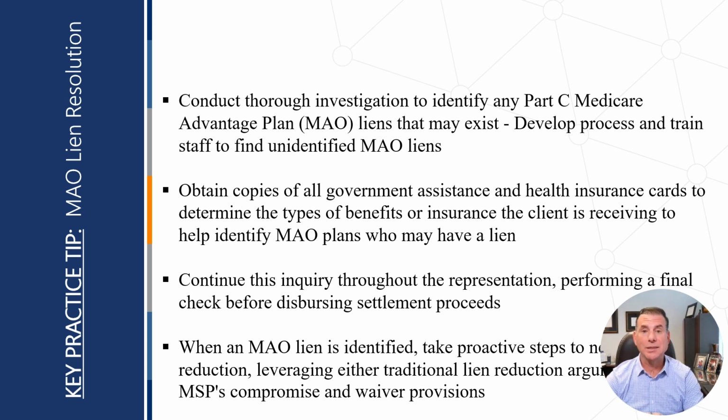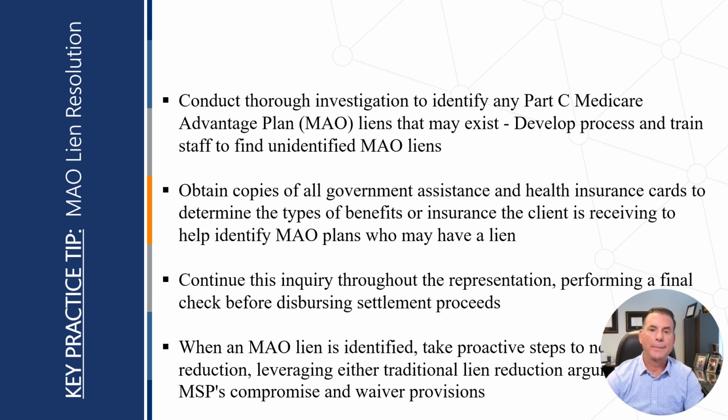And one of the key things is making sure your team has copies of all the government assistance and health insurance cards to determine the types of benefits that your client is receiving, and it'll help you hopefully see if there's an MAO plan in play. The thing is that clients can change their coverages during your representation of them. So continually updating this, making sure you know at settlement whether there is an MAO plan lien or not.